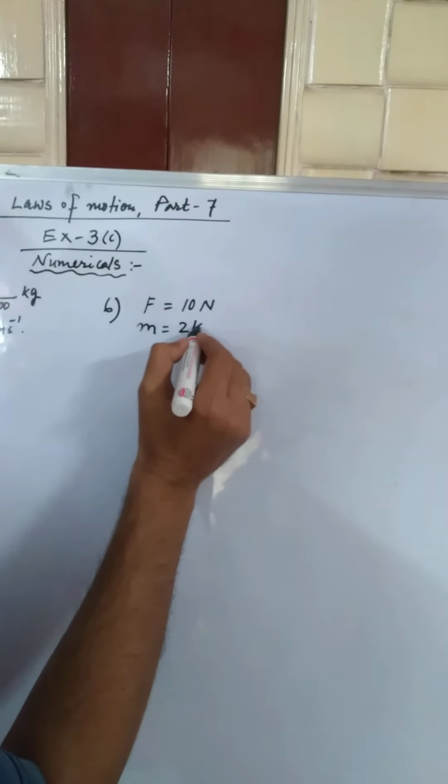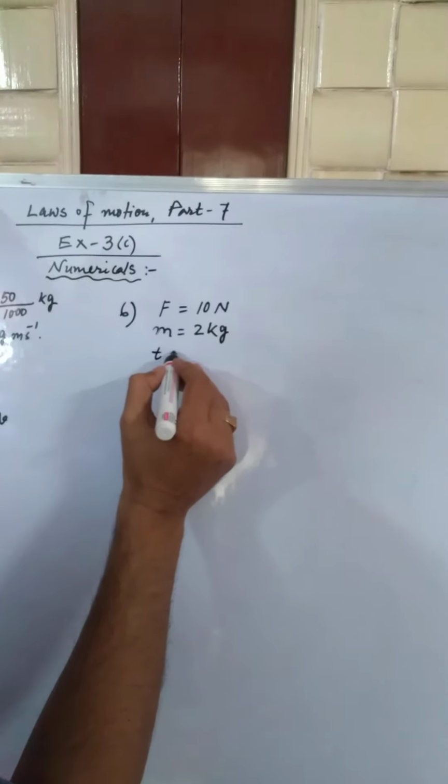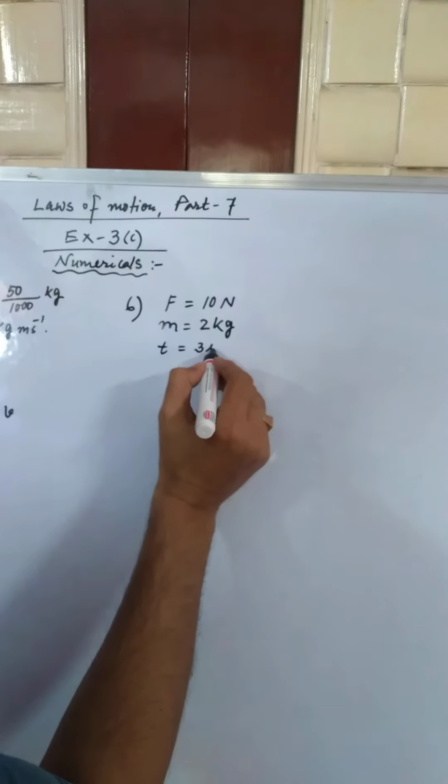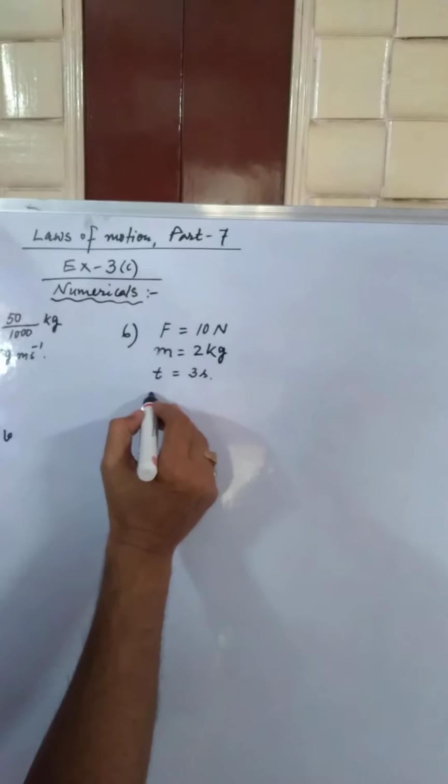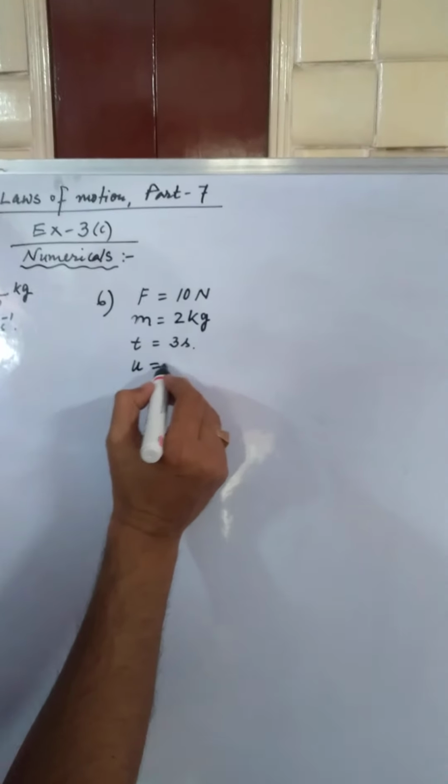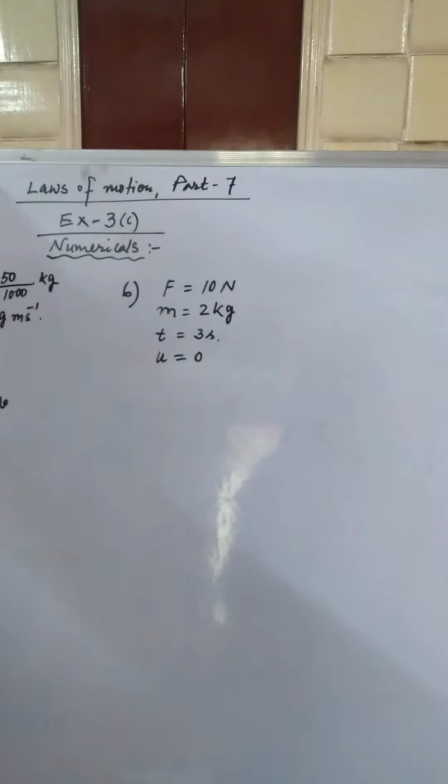So m is given 2 kilogram, and it acts on the body for 3 seconds. So time is given 3 seconds. And initially the body is at rest. So u is equal to 0.